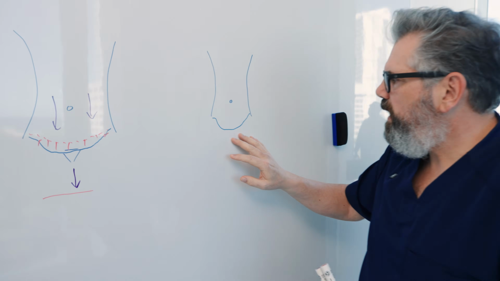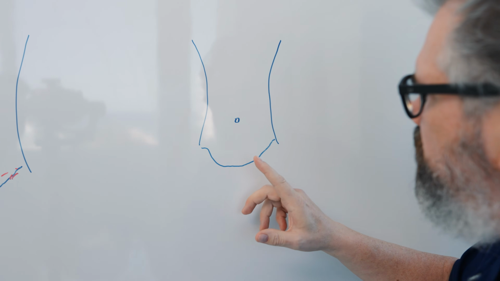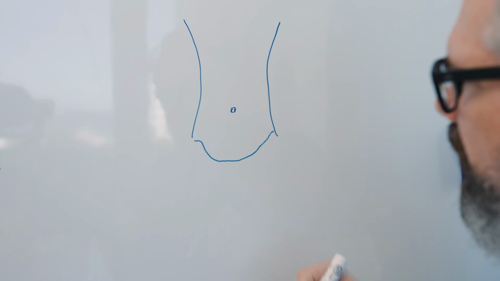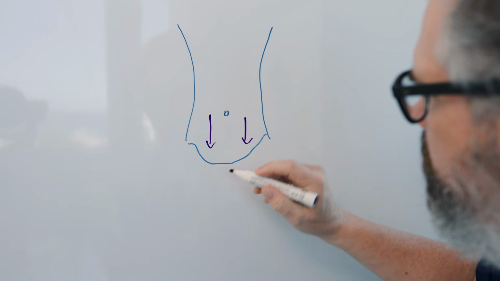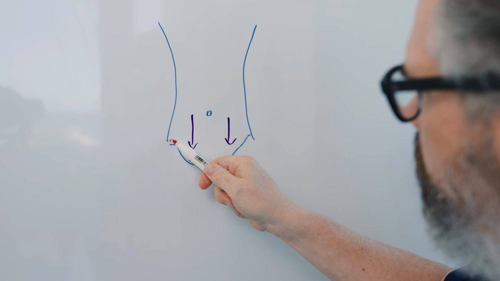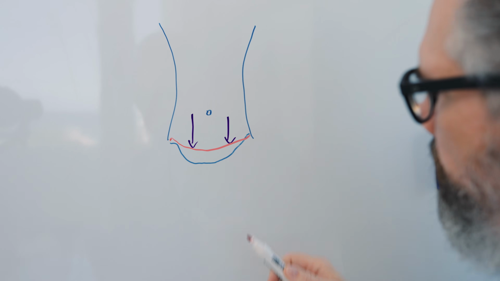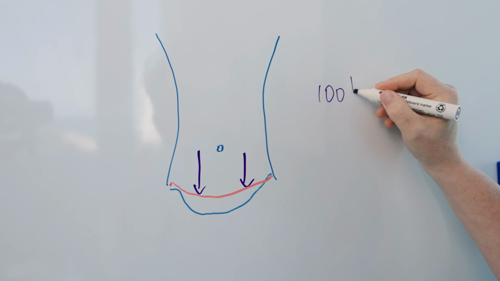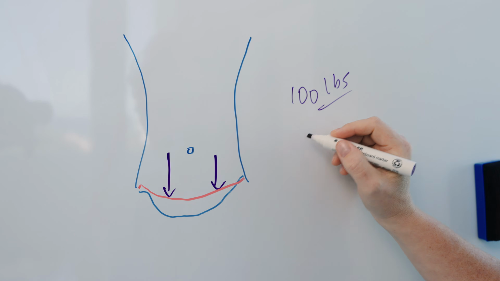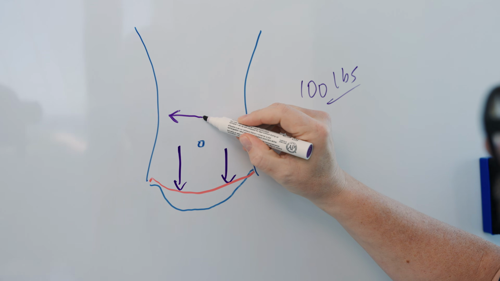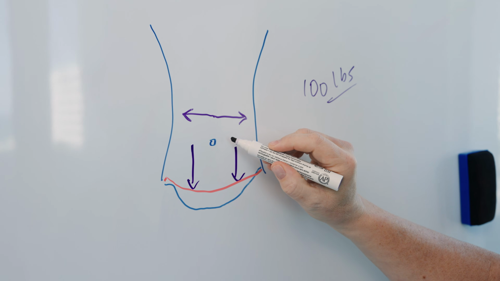If you also have, and this is most common in patients that lost a lot of weight, the traditional excess skin in this direction, then we still will do the tummy tuck through the traditional scar here. But if you've lost a lot of weight, these are usually patients that are around 100-pound weight loss, then they may also develop extra skin in the horizontal direction.